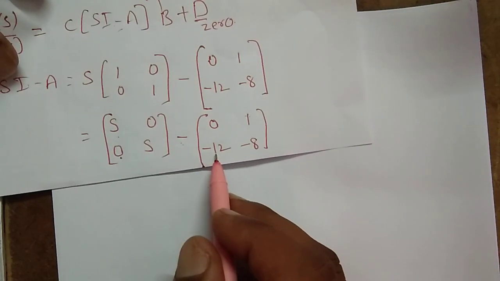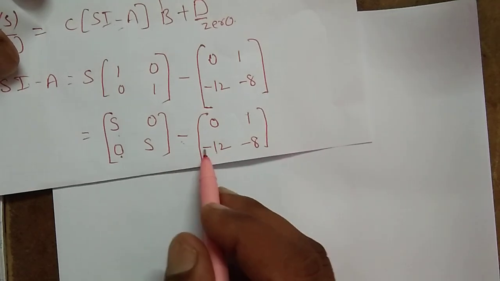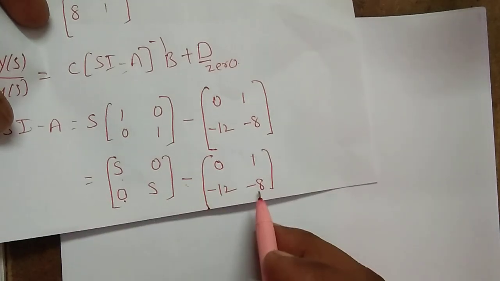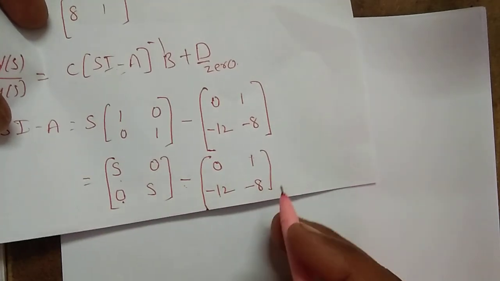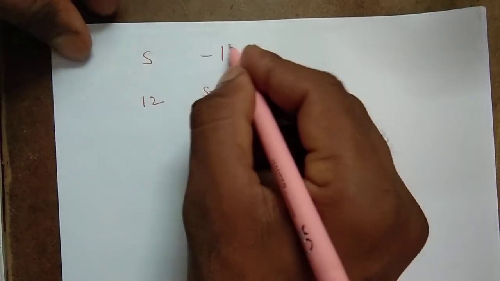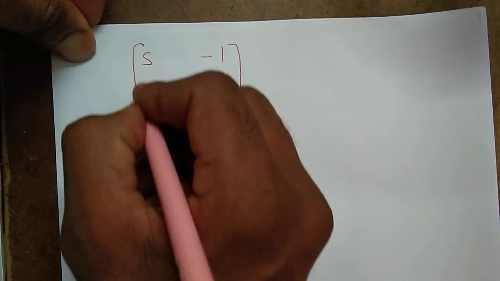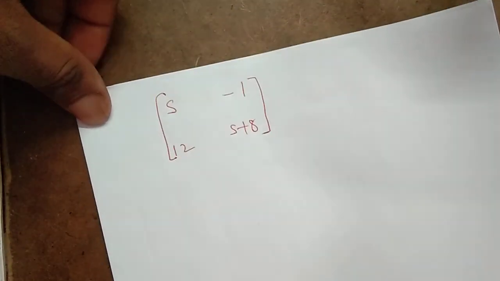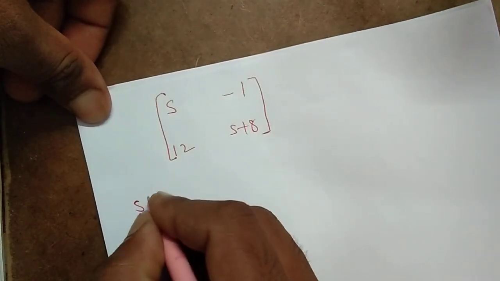Then 0 minus minus 12 is plus 12. Then s minus minus 8 is s plus 8. This is sI minus A.